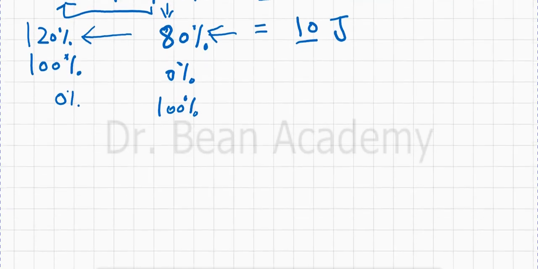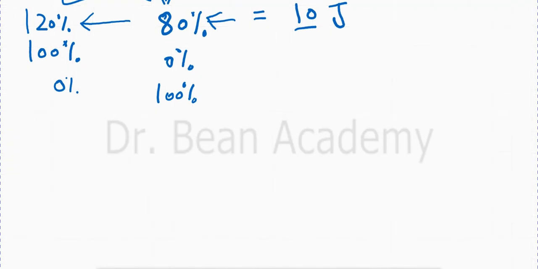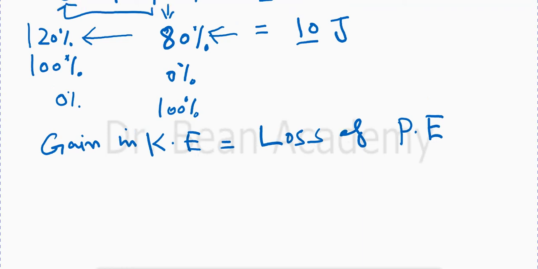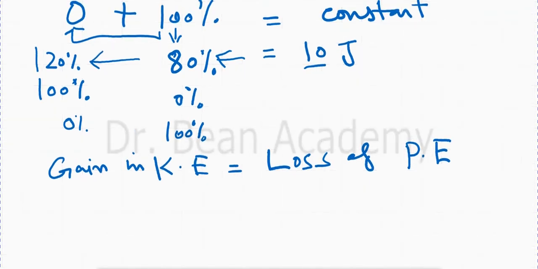So I can write an equation that the gain in the kinetic energy is equal to the loss in the potential energy, because when the potential energy was lost 20% here, that was actually the gain in the kinetic energy.